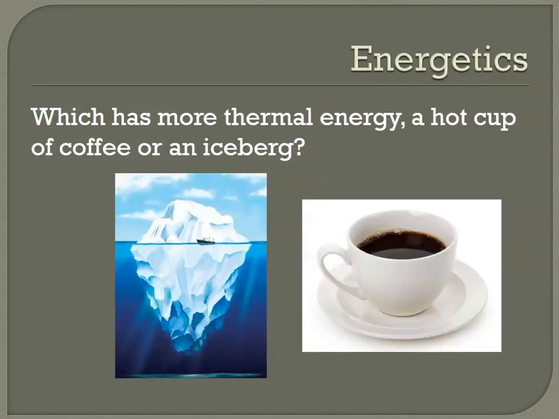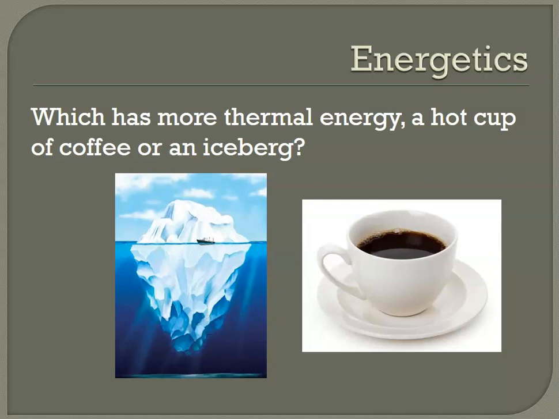A good example to help you understand the distinction between heat and temperature is the hot cup of coffee versus the iceberg. Which one has more thermal energy? The iceberg. Put very roughly, thermal energy is related to the amount of something you have multiplied by the temperature.